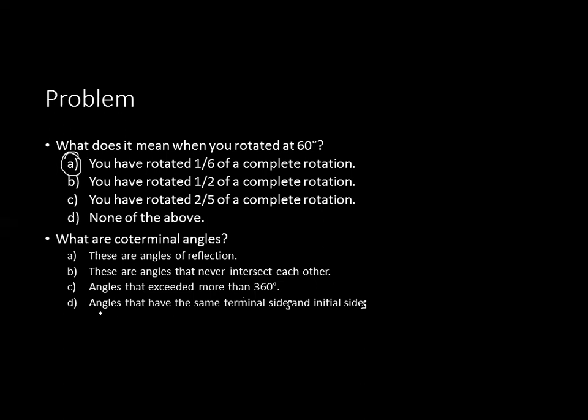The answer is letter D. Coterminal angles exist if they have the same terminal sides and initial sides. That is how we define coterminal angles. For example, we have a given plane and this is 0 degrees, 90 degrees, 180 degrees, 270 degrees, and we have 360 degrees.